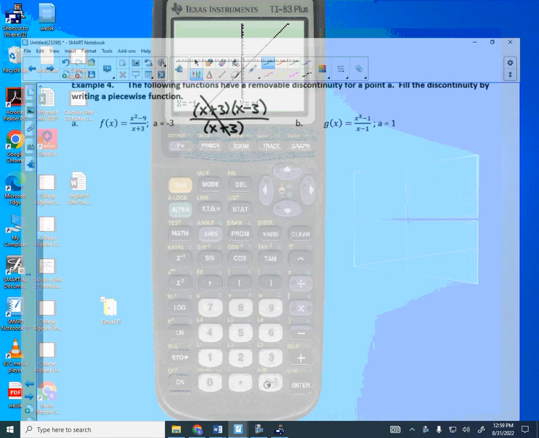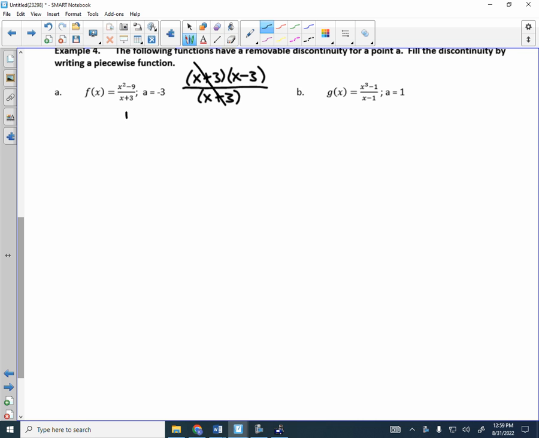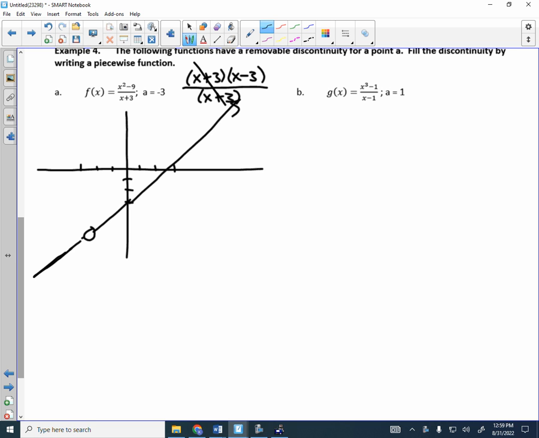Yay, thank you. All right, so we've got our graph. And we know that the graph is shifted down 3 units, okay? And then when we get to an x value of -3, we have an open circle.